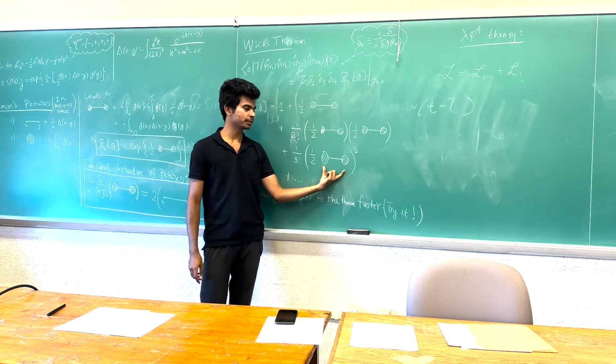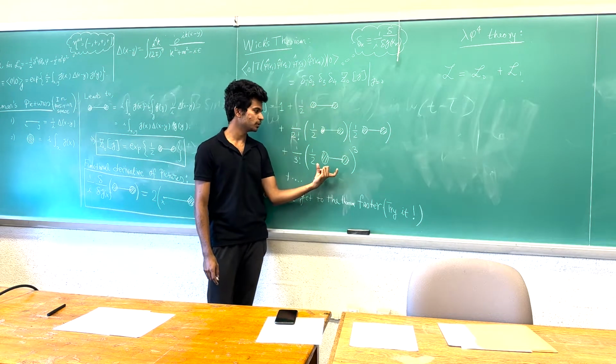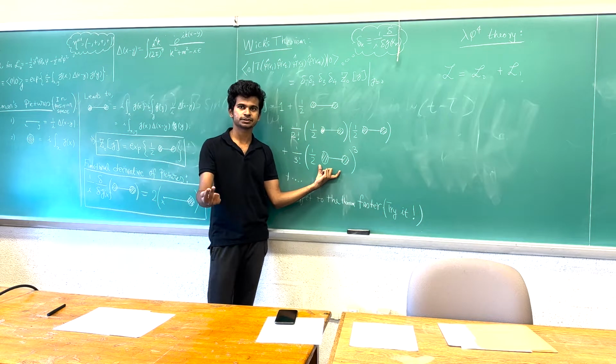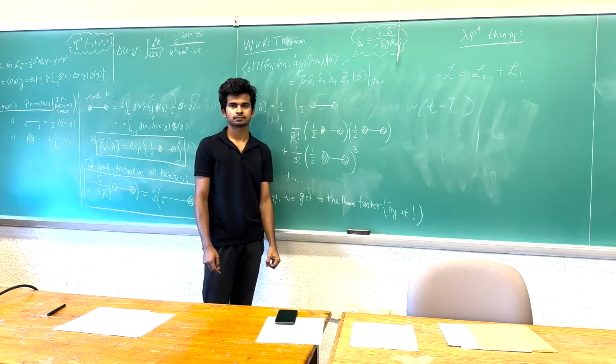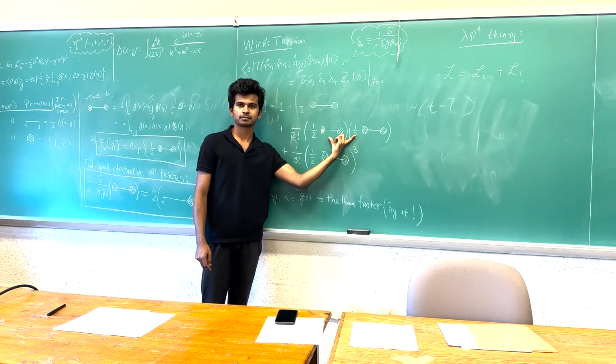Because this has how many J's? 6. This has 6 J's and you have 4 derivatives. So in the end you will have 2 J's left over. When you set J to 0, boom, gone. So you just have to take 4 derivatives of this term, which is extremely easy.